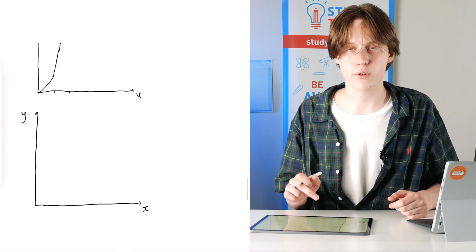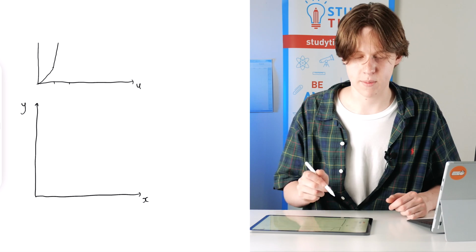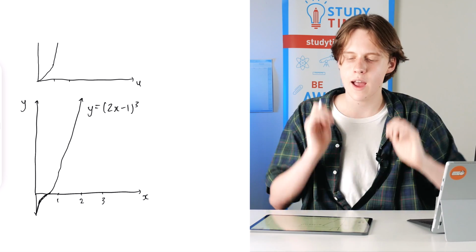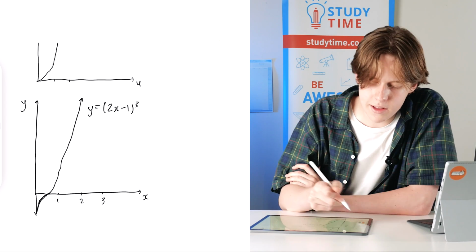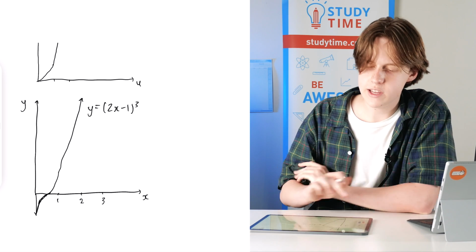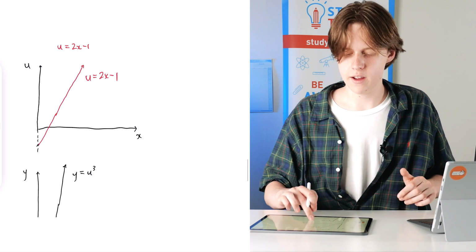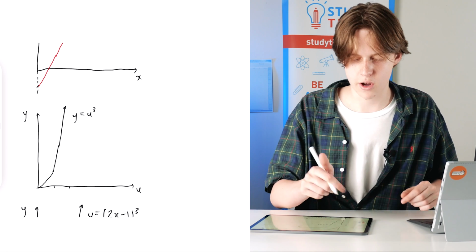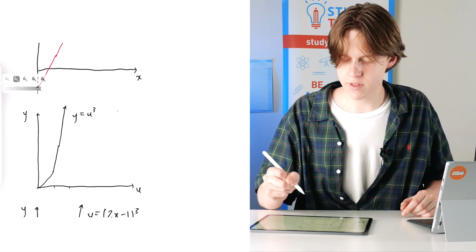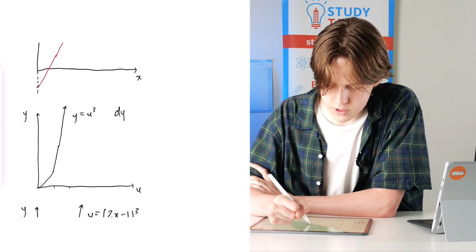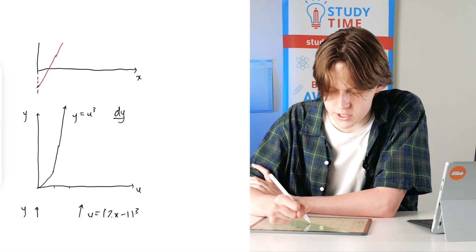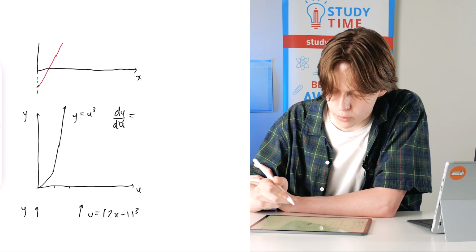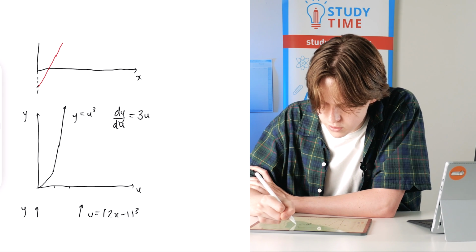So I'm just going to go ahead and graph 2x minus 1 to the power of 3. And so now we need to find a gradient, and we can't just differentiate so easily because we need to consider the gradients of actually both functions when we're differentiating. So if we were to differentiate this, we get dy by du this time equals 3u squared.